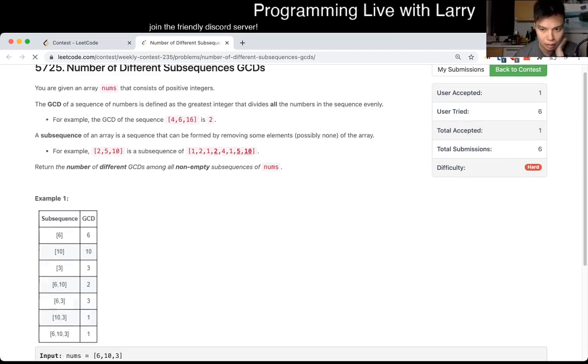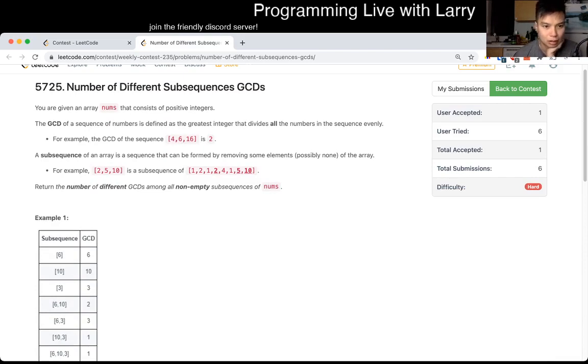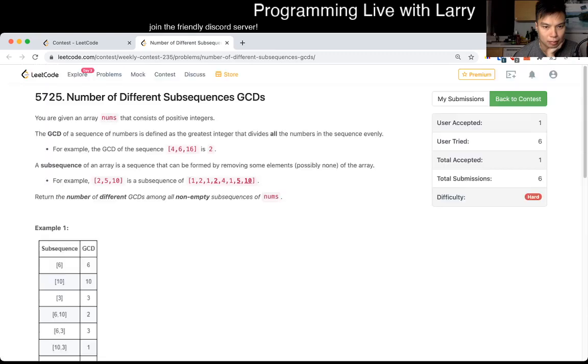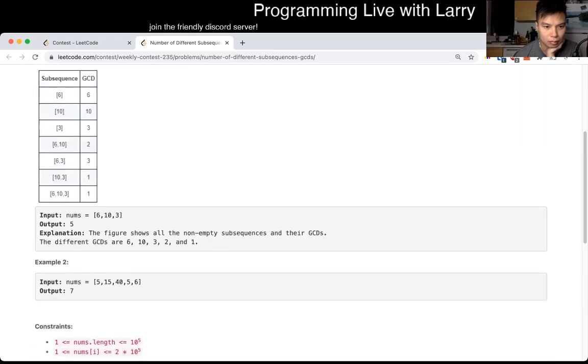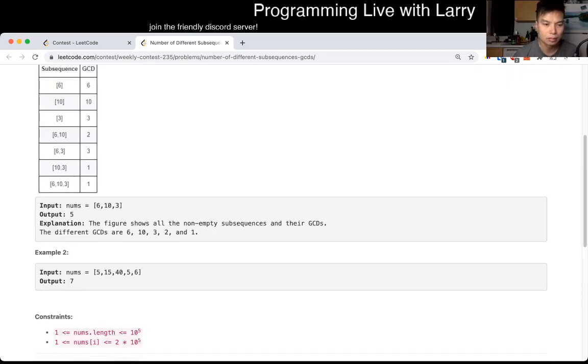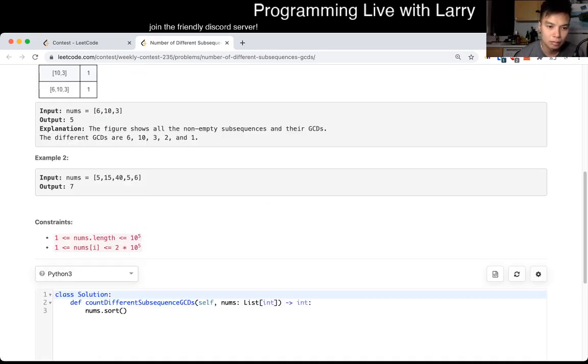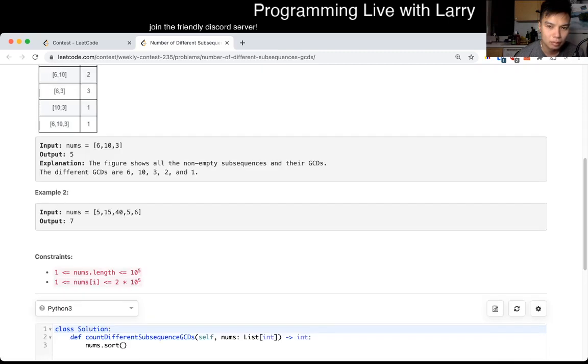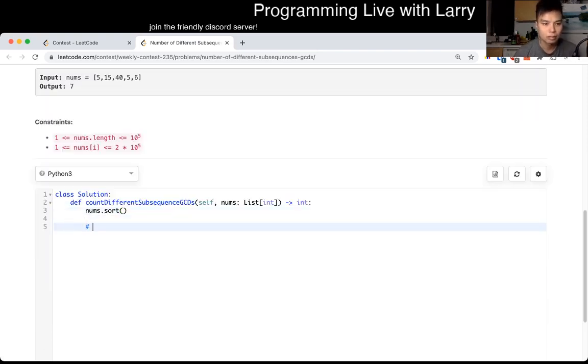Don't have any idea yet. Apparently someone already got it. How do you get 7 from this?